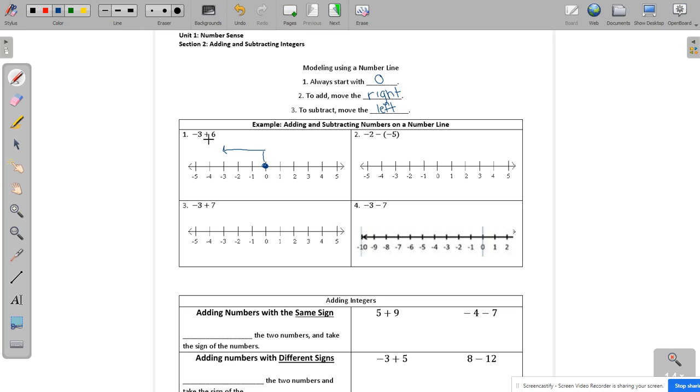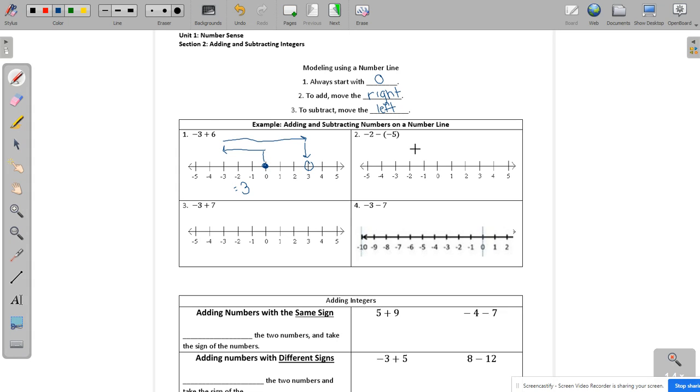Then from -3, we're going to go to the right 6. Then we're going to move to the right and go over 6. And that brings us to +3. So our answer is equal to 3.